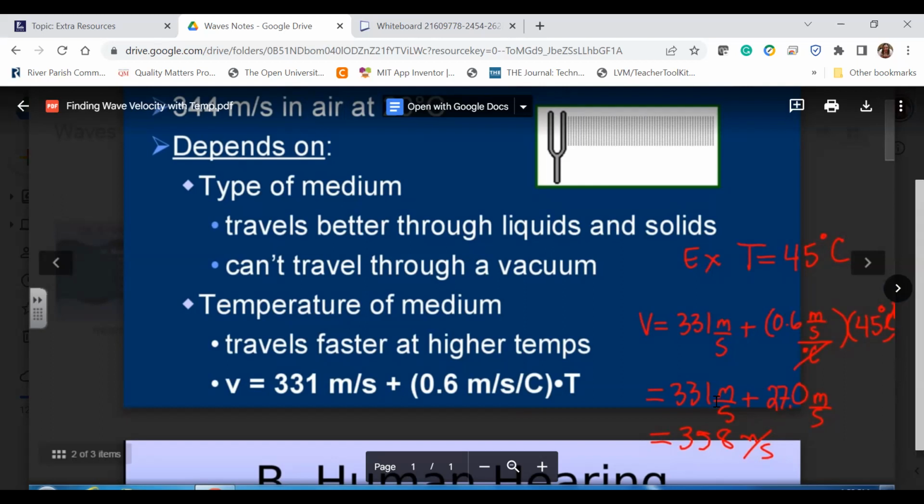We add that to 331 meters per second, we get 358 meters per second. So if the temperature outside is 45 degrees Celsius, sound is going to travel at 358 meters per second. That's how you find the speed of sound, depending on the type of medium and the temperature of the medium.